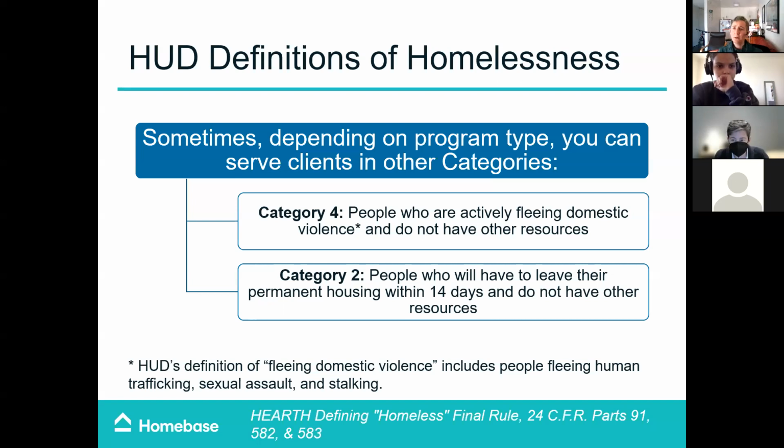So in one year, it might say, okay, we're funding any project that's serving people in category 1 and nothing else. And the next year, it might say, okay, now your projects can serve anybody in category 1, category 2, or category 4. I would say that category 1 and category 4 are the most consistent, and we see category 2 coming in and out a little bit more.